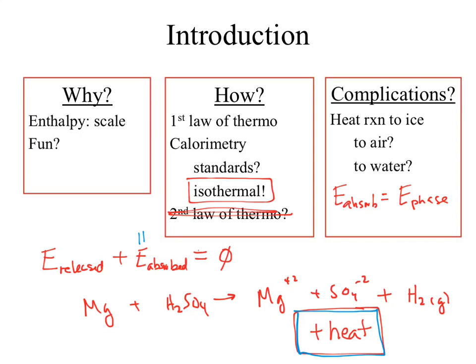Anybody know what the energy for a phase transition would be? Do we have a temperature change? No. So that temperature unit that we had before, it's a good thing I erased it, doesn't show up in our expression. What we end up finding out is that it's going to be some enthalpy for the phase transition. What phase transition would we be looking at? We're going from ice to water, or ice solid to liquid.